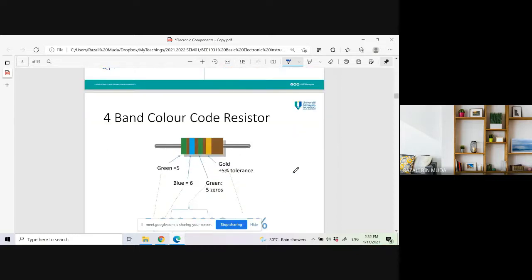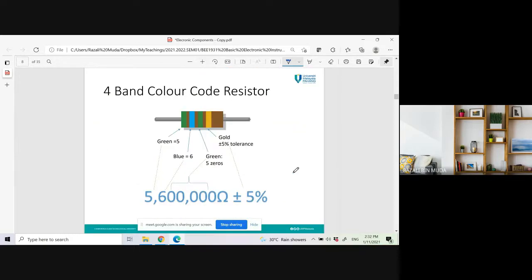So this is another example. So you have green, blue, green, gold. So now the tolerance is gold in color. So you have 5%. So green is 5, blue is 6, 5, 6.